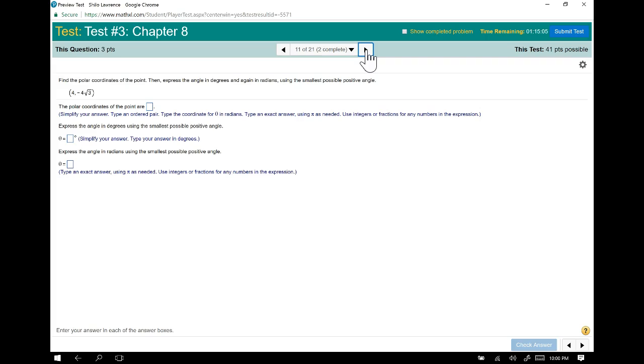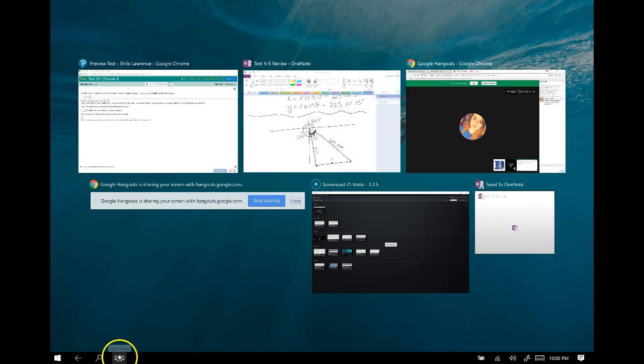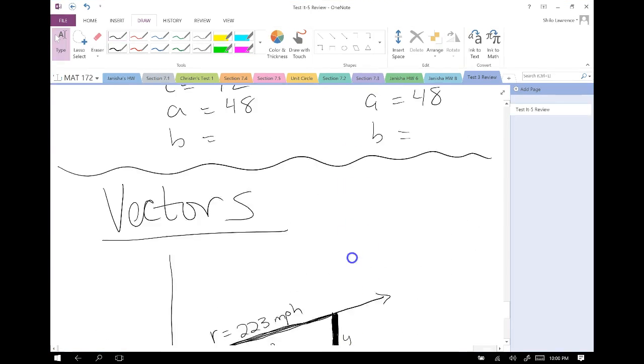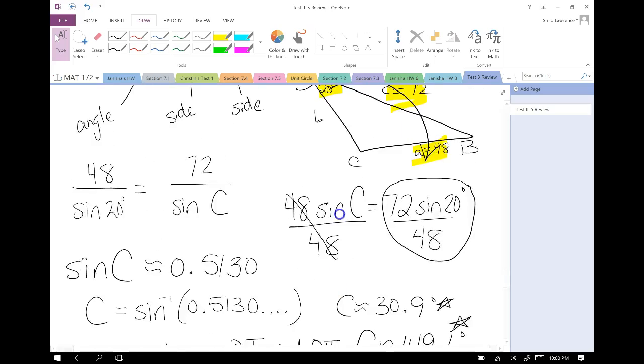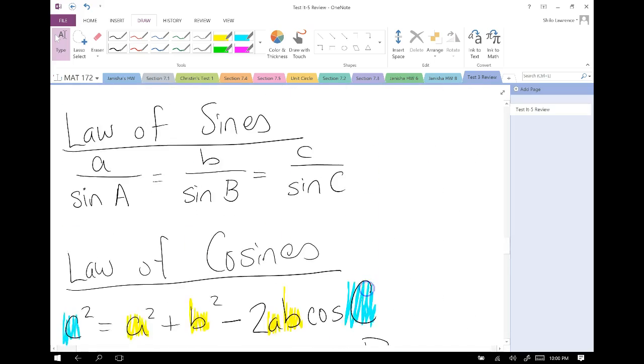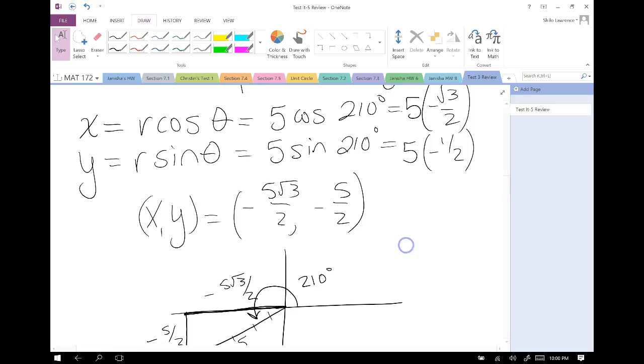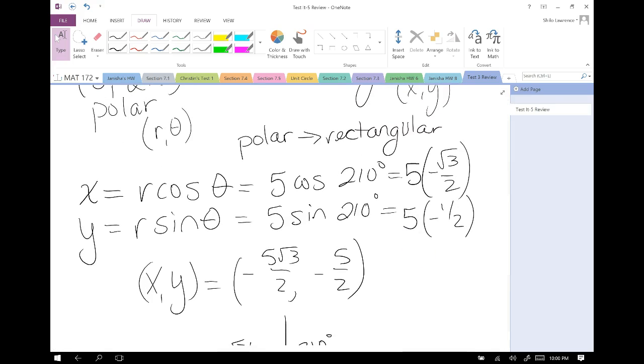Find the polar coordinates of the point, then express the angle in degrees and again in radians using the smallest possible positive angle. So 4 and negative 4 radical 3. So we did a little bit with polar coordinates earlier. What we had was going from polar to rectangular.